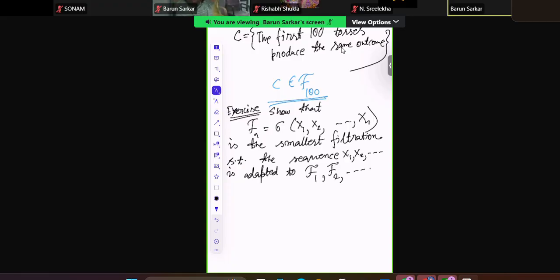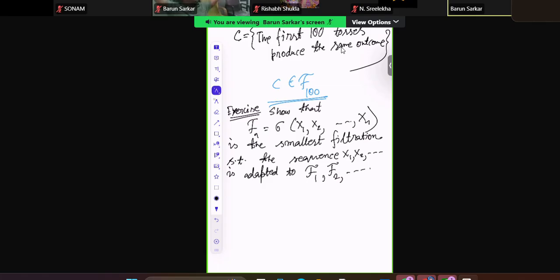So this is the smallest filtration. If you take n equal to 1, then we have done the thing, right? The smallest sigma algebra generated by a random variable, those things we have discussed earlier. So when n is equal to 1, we have discussed the smallest sigma algebra generated by these things.